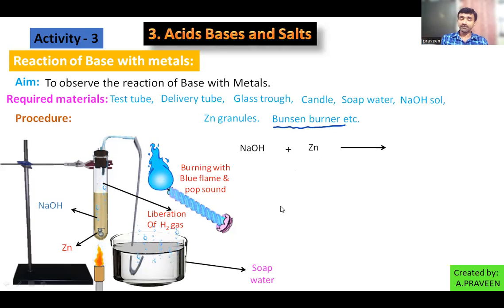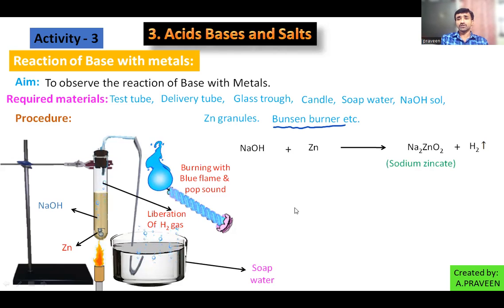That aqueous solution is sodium zincate, Na2ZnO2, and a liberated gas identified by me as hydrogen gas. So this is the equation for the reaction. Remember the formula: sodium zincate, Na2ZnO2, an objective bit. Here I have simply written the equation.